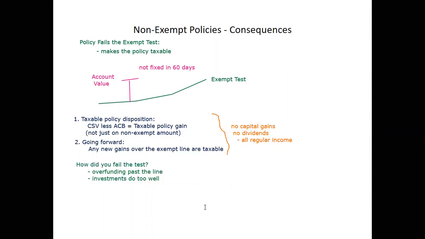Okay, those are the two things that could cause you to fail the test. Now, the third thing that could cause you to fail the test is a decreasing face amount. So there is that third event there, the possibility of a decreasing face amount. All right, any questions?